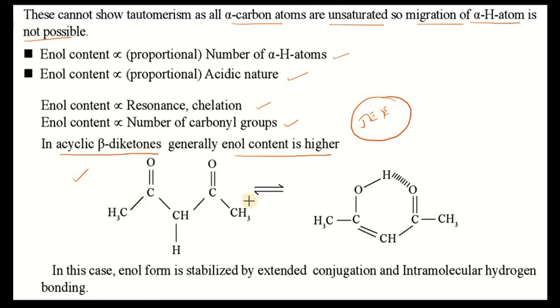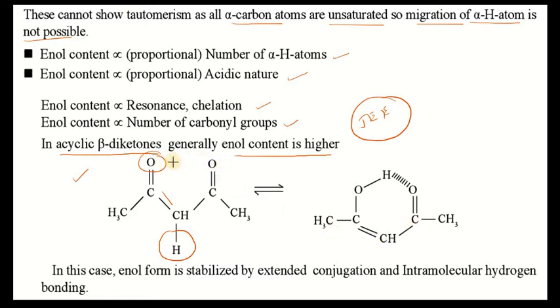Remember, here this is the case. There is a cyclization possibility between this OH and O. This hydrogen is taken by the system, and it becomes OH here, and a double bond is established here.